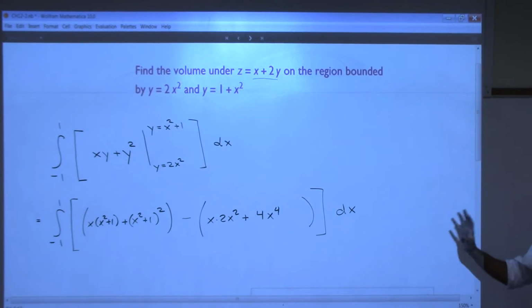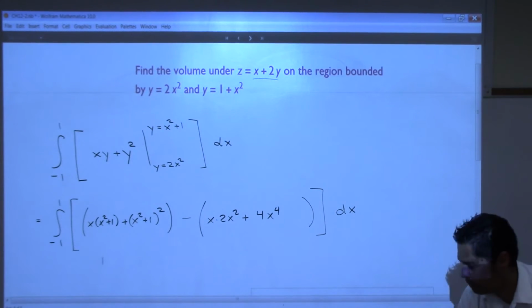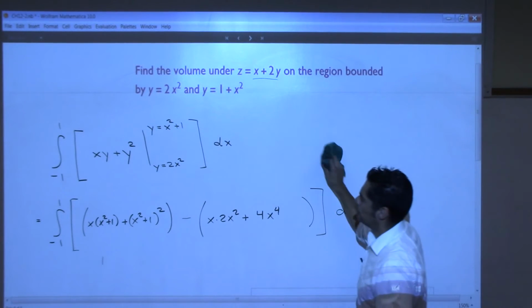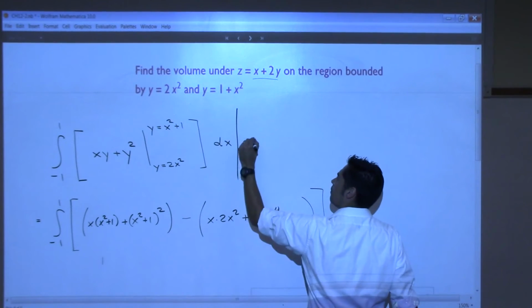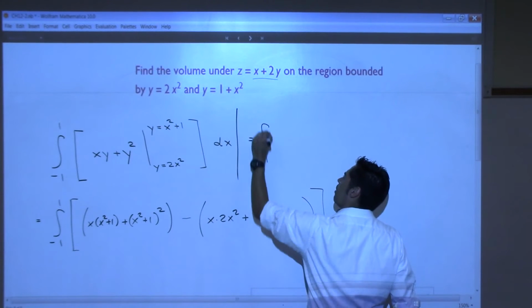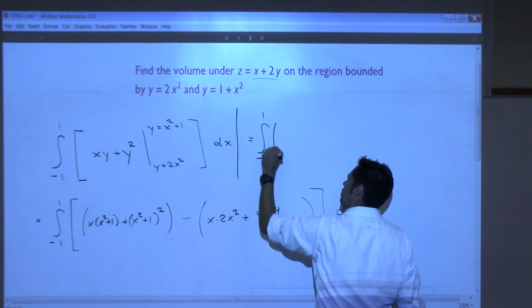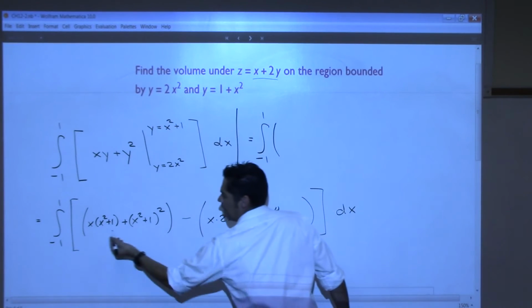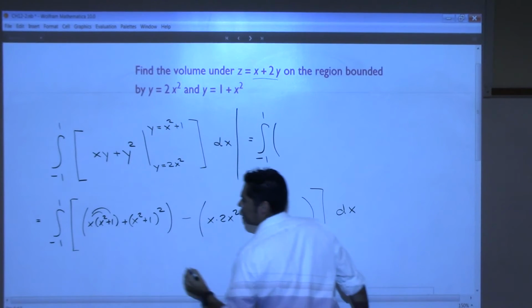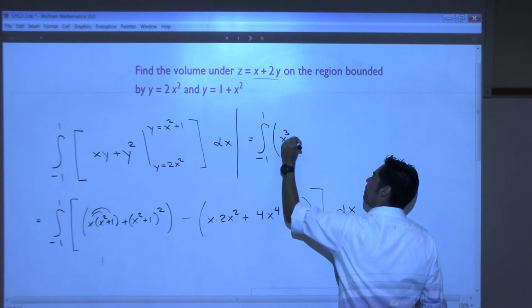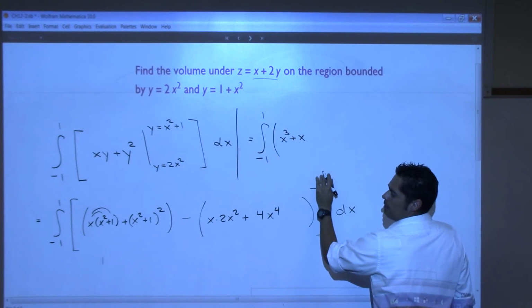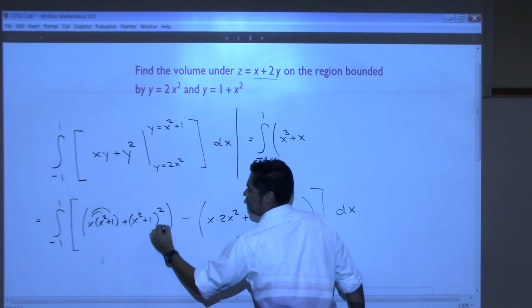I'm going to clean this all up first before I integrate it. Integral from -1 to 1. I'll just do a parenthesis now. I'm going to distribute through: x cubed plus x. Can we square this?